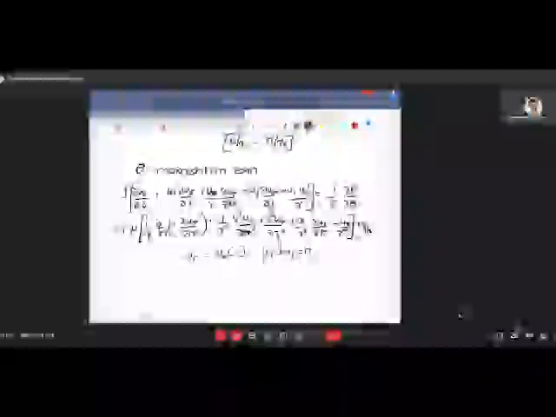So the first term will remain because u theta is a function of r. The second term will go to 0 because u theta is not a function of theta, and u theta is not a function of z. Therefore, the third term will go to 0. Again, dou ur by dou theta will go to 0 because there is no ur in the question at all.